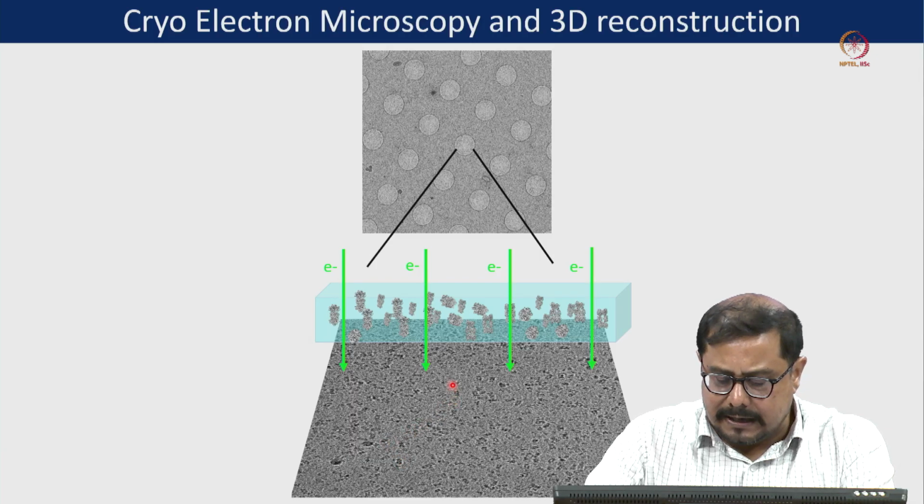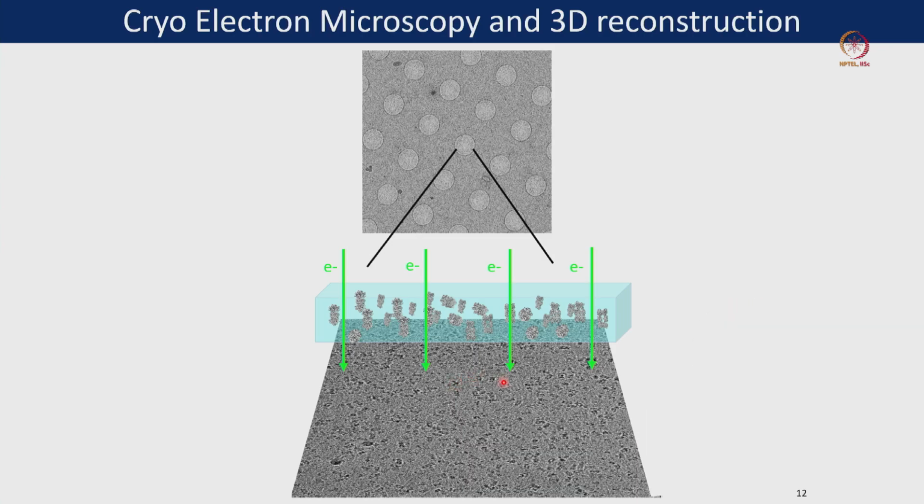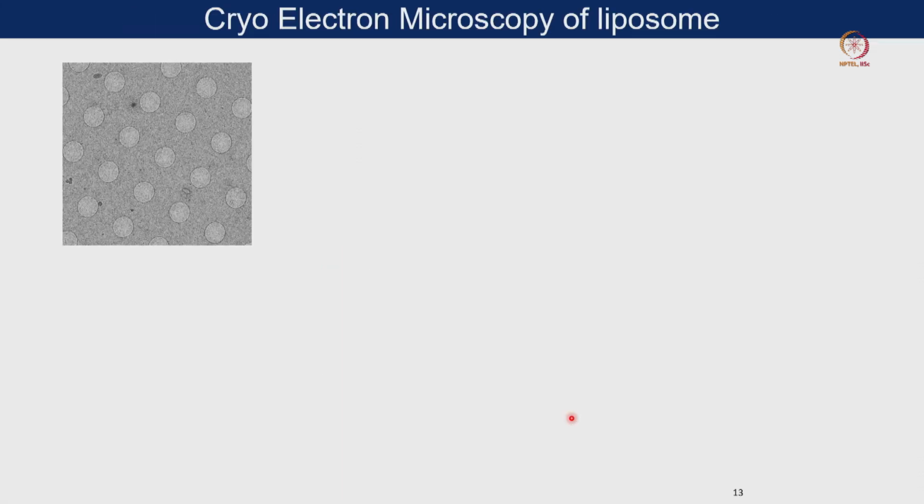These black molecules are the protein molecules here. This will help us take those images and do the image processing.